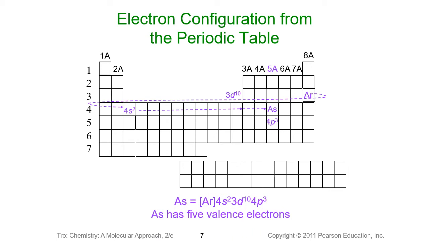Now, arsenic also has 5 valence electrons, and these come from the 2 in the 4s and the 3 in the 4p. Because the 3d10 is a lower energy level, they do not count as valence electrons, just the highest energy level.